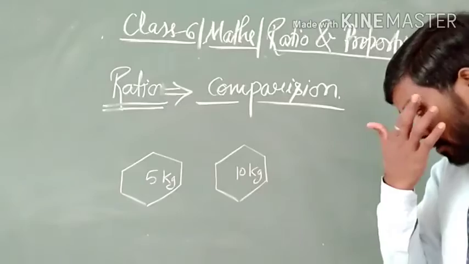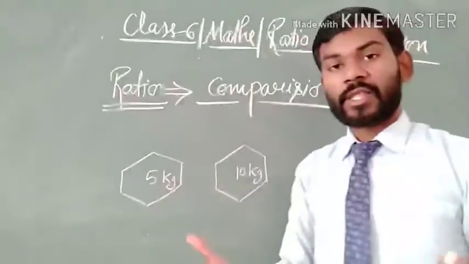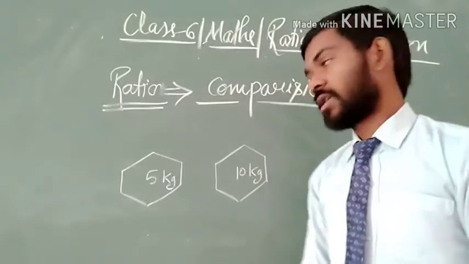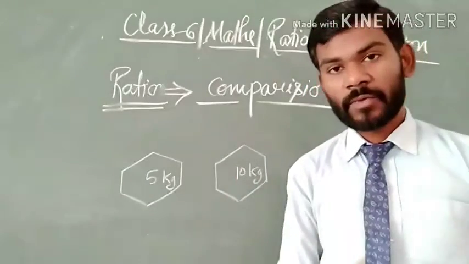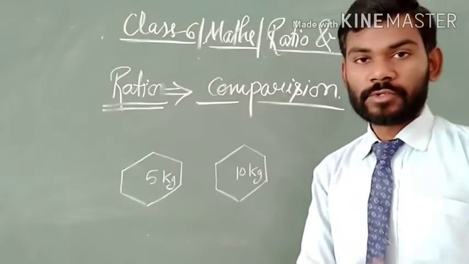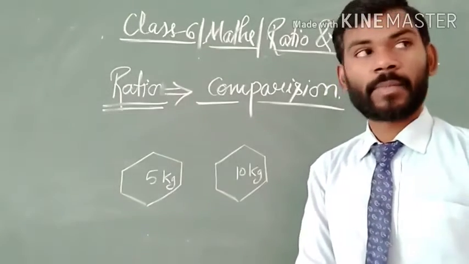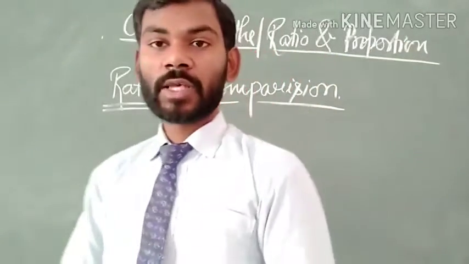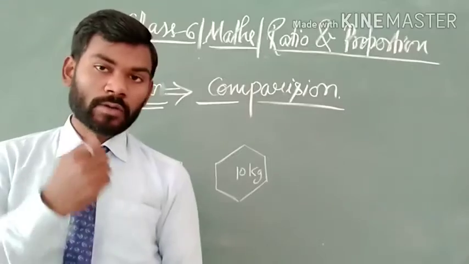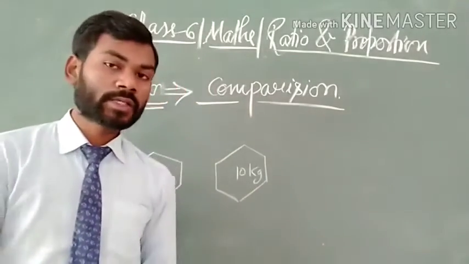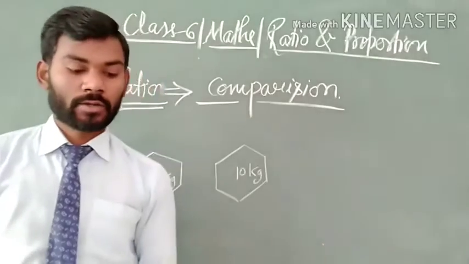When we pick them up in our hands, we can easily observe which one is heavier and which one is lighter. So this process is called comparison. Okay, the process by which we can explain which one is greater than the other.